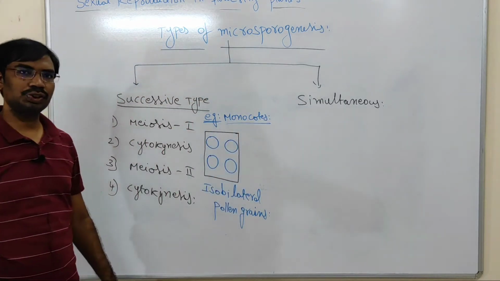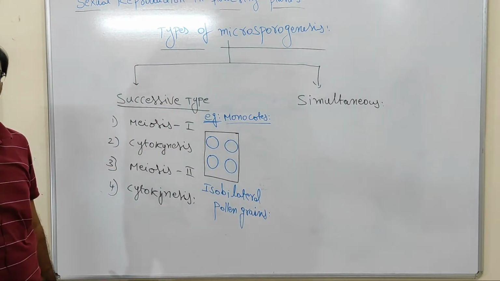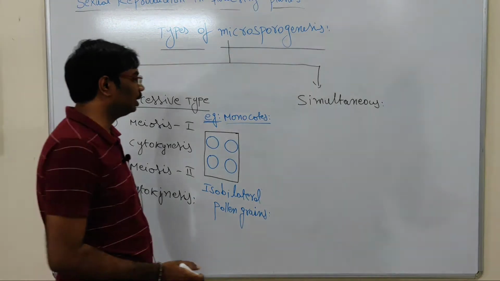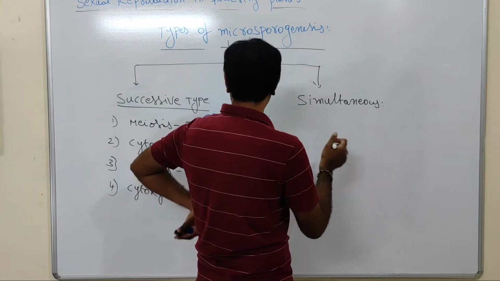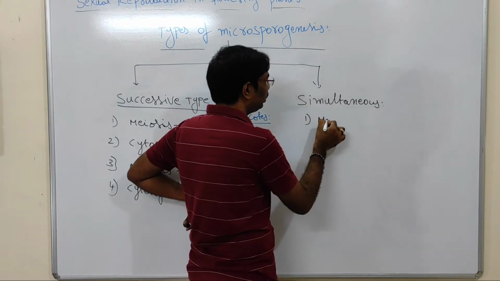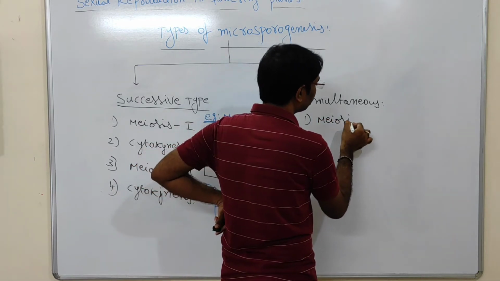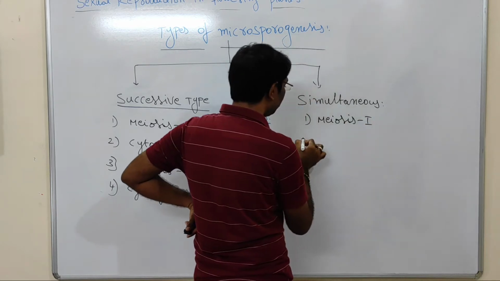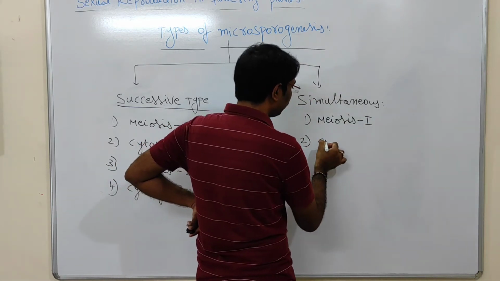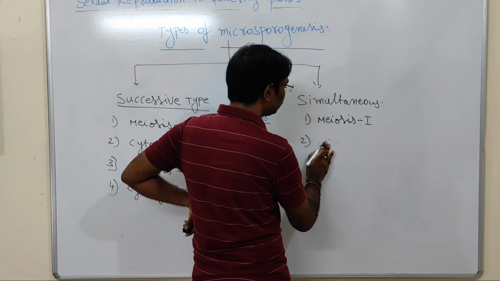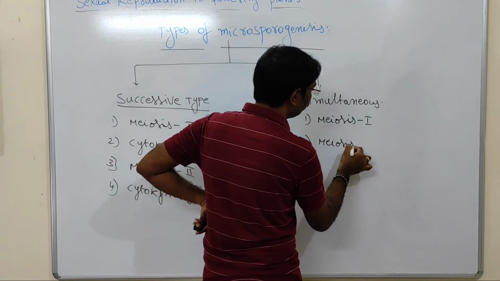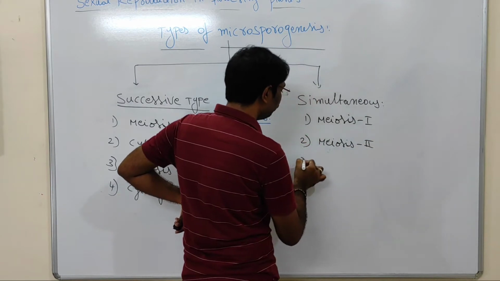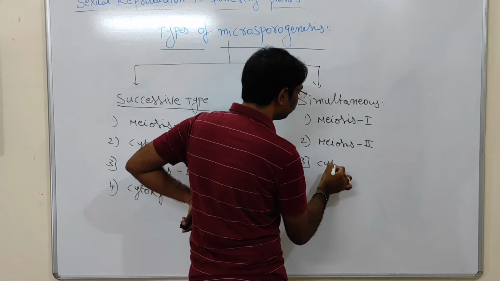Another one is the simultaneous cytokinesis. Here, first meiosis 1 is present, then meiosis 2, and after meiosis 2 cytokinesis is present.